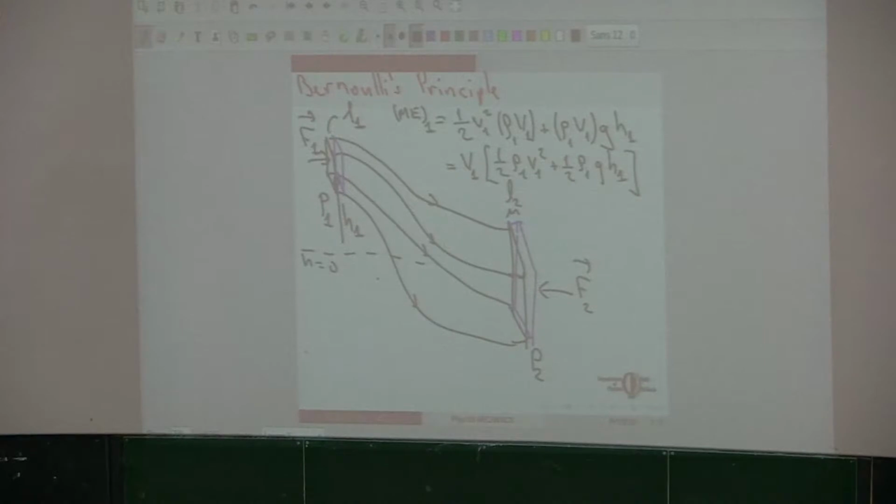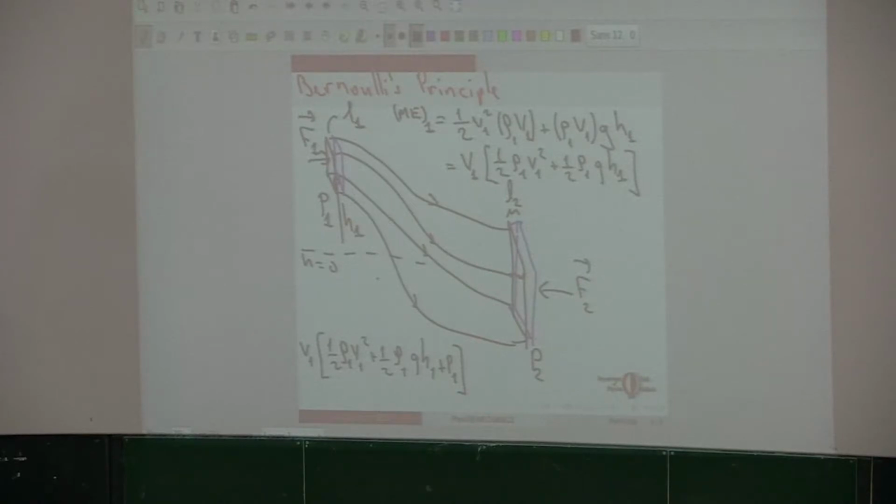So what we have is V1 times 1/2 rho 1 V1 squared plus rho 1 g h1 plus P1. This should be constant throughout the flow.